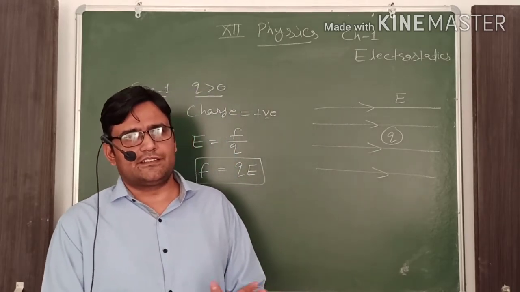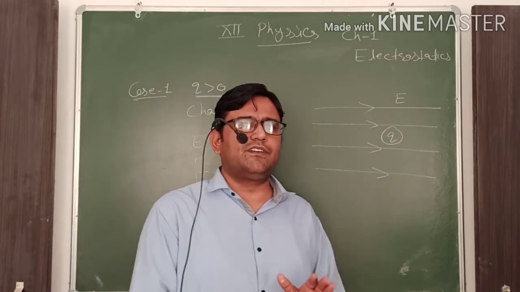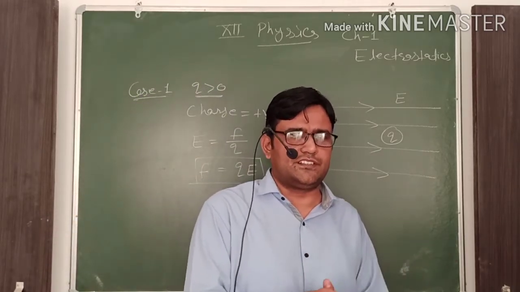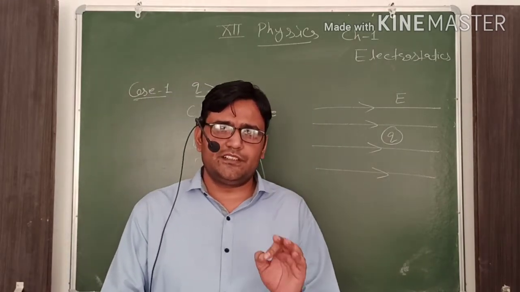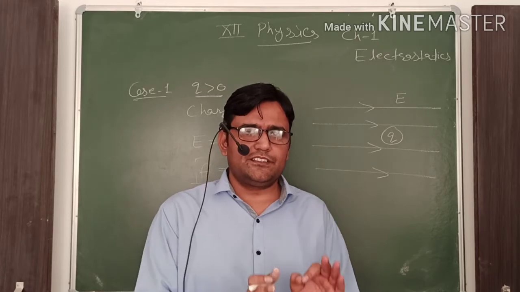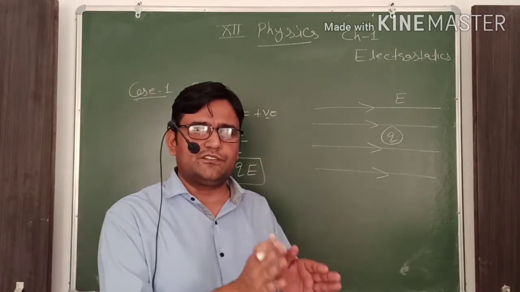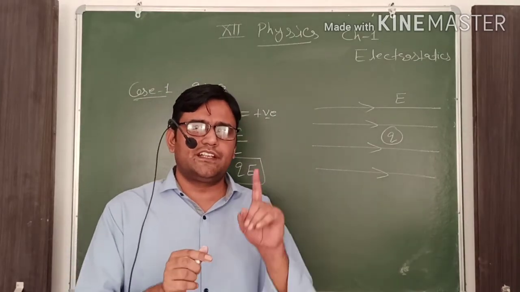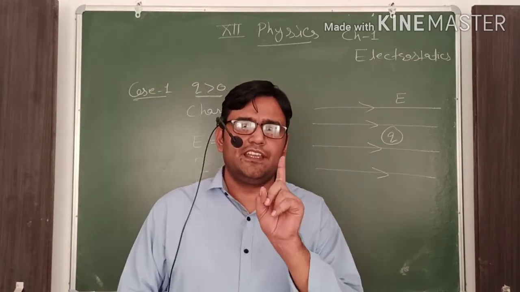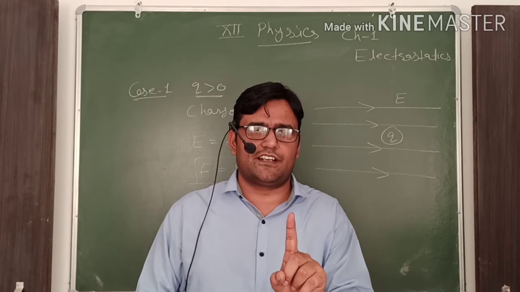In earlier classes we discussed the force between two charges in terms of Coulomb's law, but dear students, the basic difference between this force and the Coulomb force is that Coulomb's law is applicable when we are considering two charges.